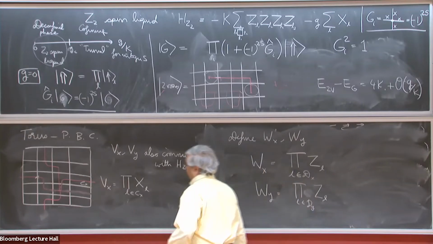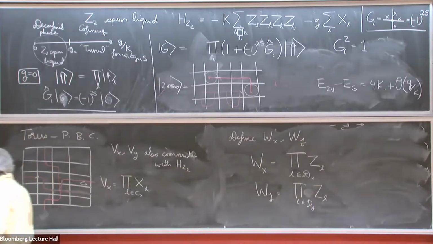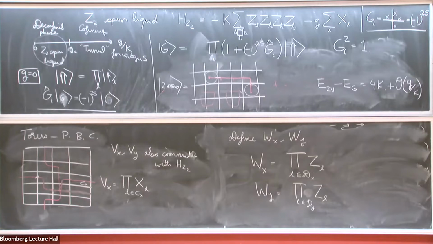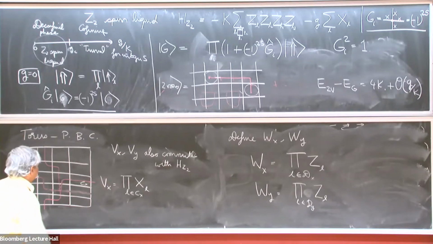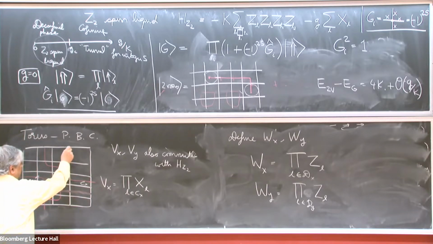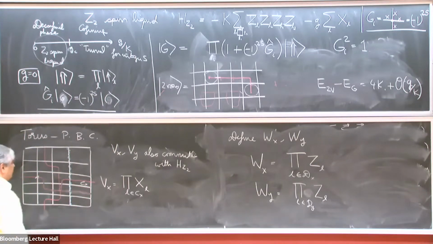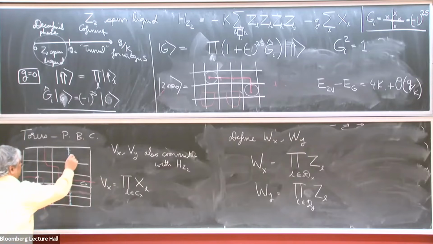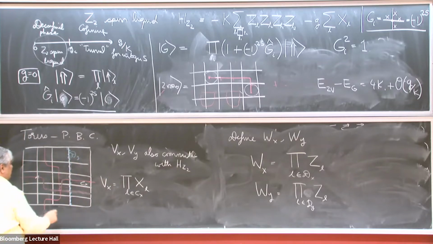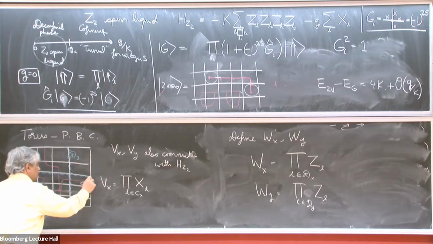So what are these D contours? Well, the D contours are contours on the direct lattice. That's why I call them D. So I could just take the simplest one, which is the straight line here. That's a contour that encircles the lattice, and that's the contour dy. And I can take another one here, which is dx.